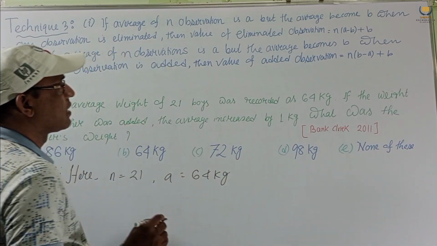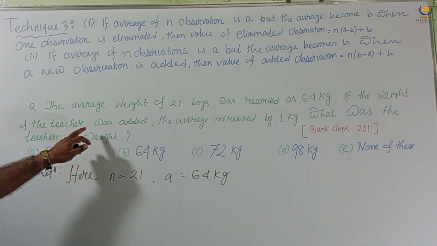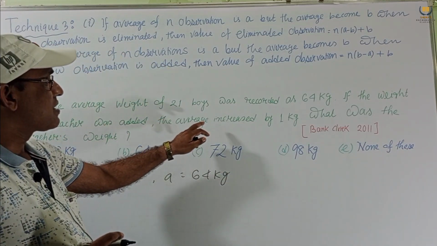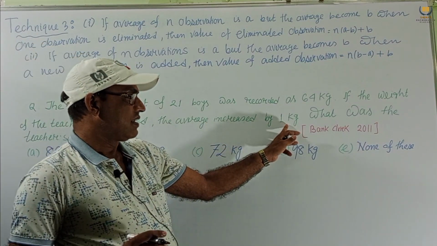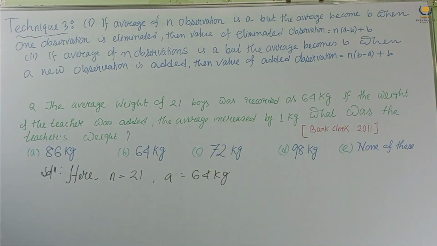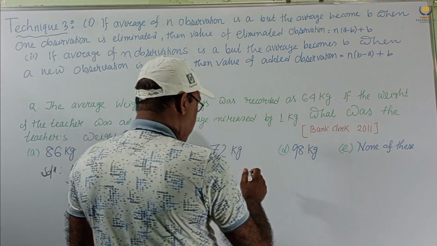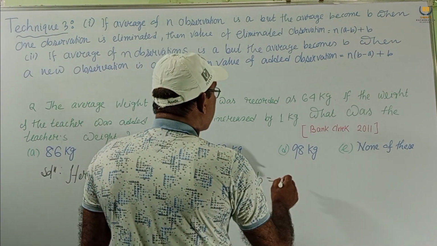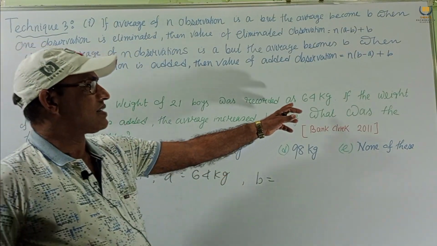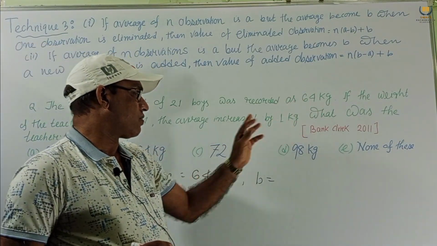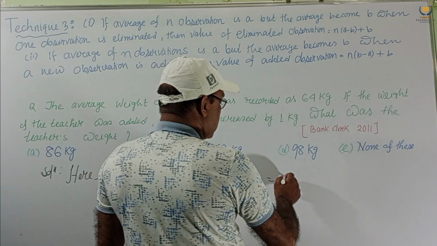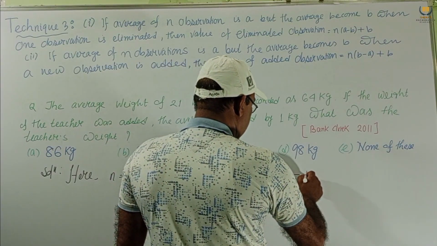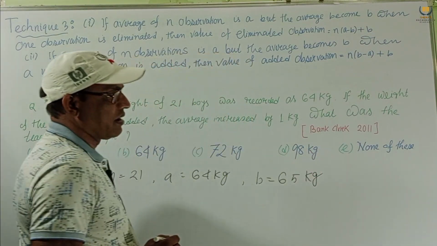If the weight of a teacher was added, the average increased by 1 kg. So b equals 64 plus 1, 65 kg. This will be the new average.